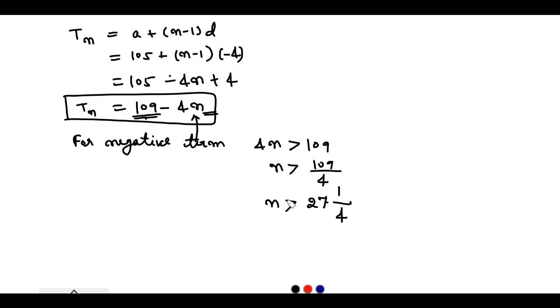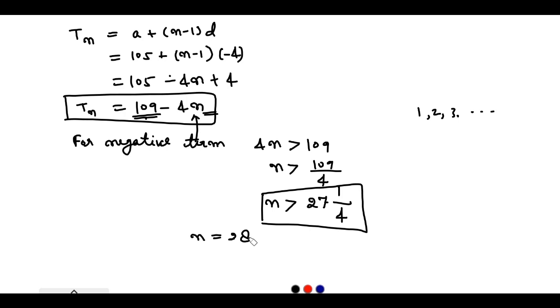And n is 1, 2, 3, integer होगा. It means the integer greater than 27.25 will be 28 and so on. इससे आगे के n, जब भी n इससे ग्रेटर होगा तो आपको नेगेटिव टर्म मिलेगा. मीन्स 28, 29, 30th all the terms will be negative and the first negative term will be the 28th.